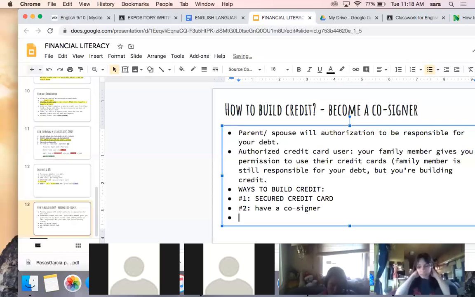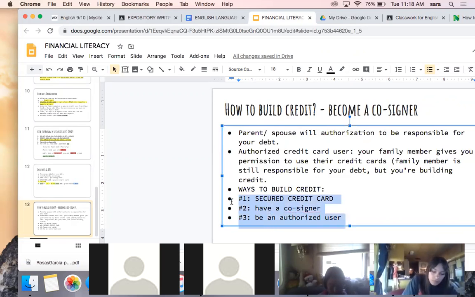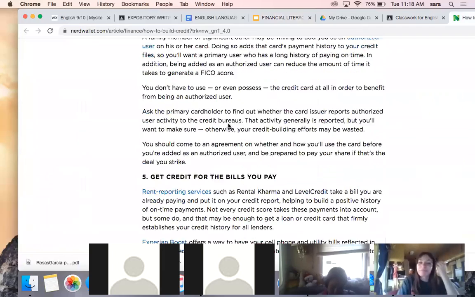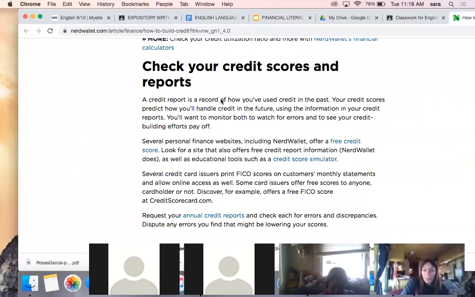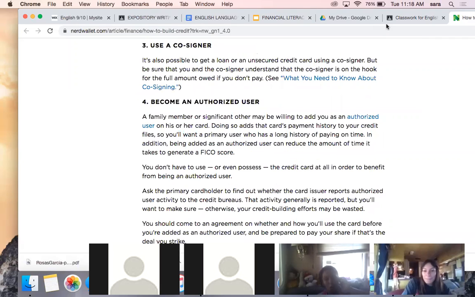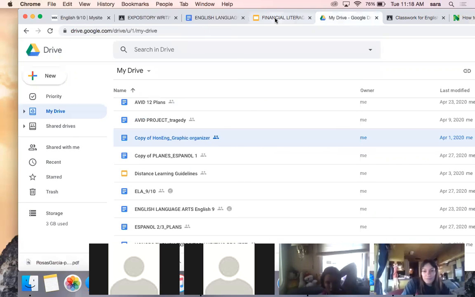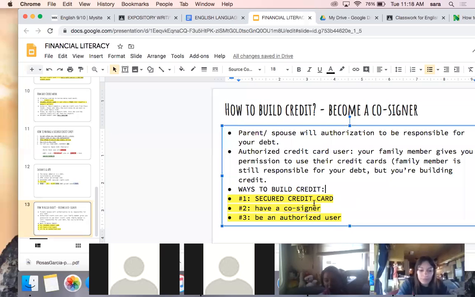And number 3 is to be an authorized user. So these are the 3 ways in which you can establish your credit, like start it off, okay? There are other ways. You'll see in the article, I think you can grab a loan, etc. But those are the only ones that we're going to be looking into. So those 3 ways, I want you to understand fully how they work.